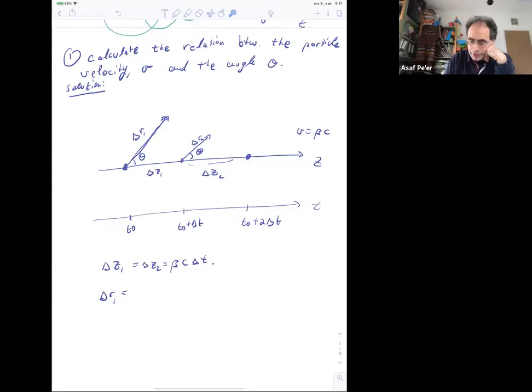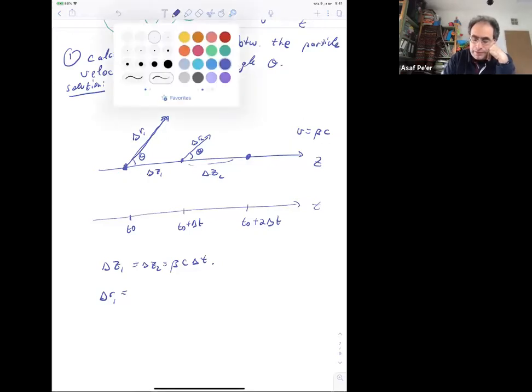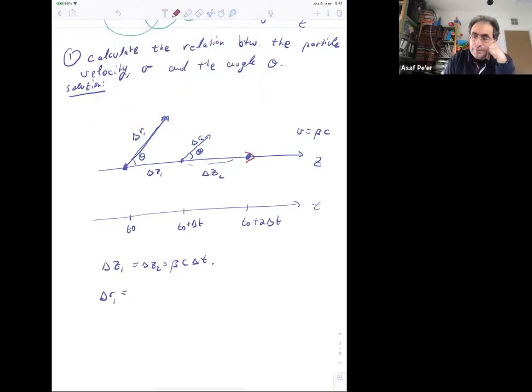Now our initial particle continued to move along the z direction, right? So after 2 times delta t, the photons that were emitted from here are now propagated here. What's the distance that the photon propagated?